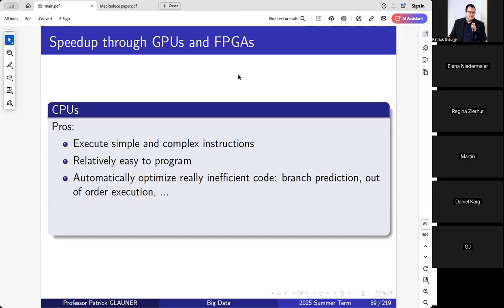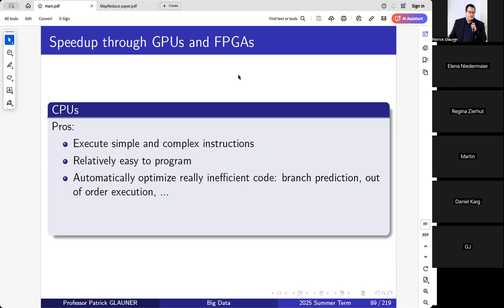So a CPU is a phenomenal piece of hardware because it can do far more than plus and minus and divisions. It can execute very, very simple instructions like adding two numbers, but also extremely complex operations on a huge array of data, for example, and some sophisticated operations.